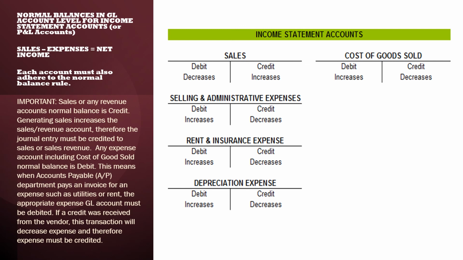This means when the accounts payable (AP) department pays an invoice for an expense such as utilities or rent, the appropriate expense GL account must be debited. If a credit was received from the vendor, this transaction will decrease the expense, and therefore expense must be credited. Okay?